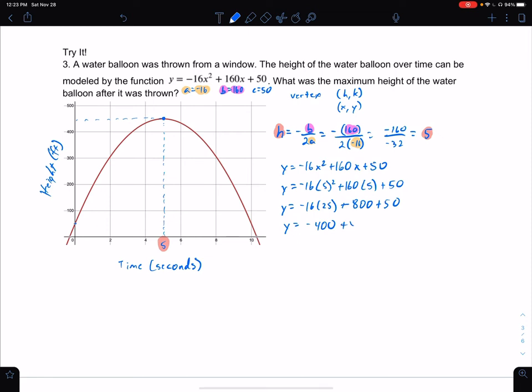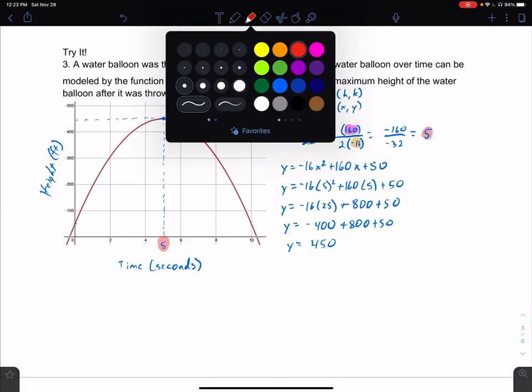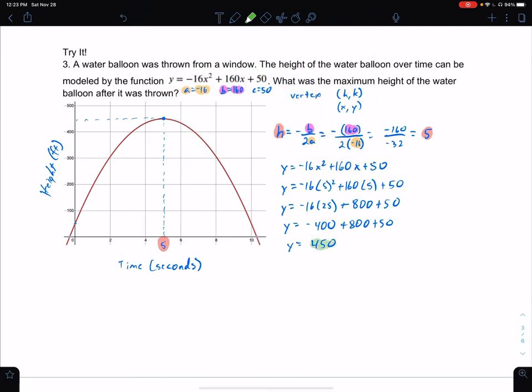Yep. Plus 800 plus 50. So y would be equal to, when we add these up, 450. Which is pretty good for us because that y value being 450 is what we said we should expect for the height. So our answer matches up with the function, so we should be confident in our answer.